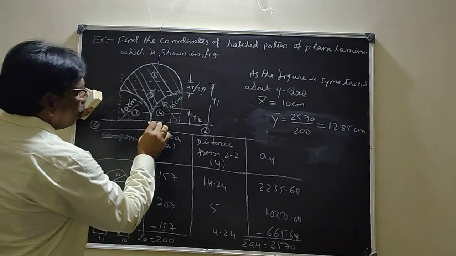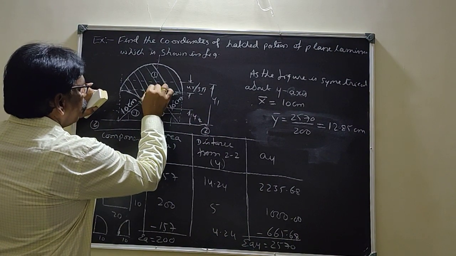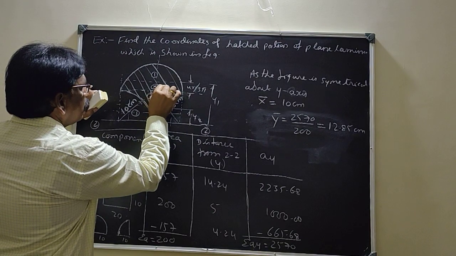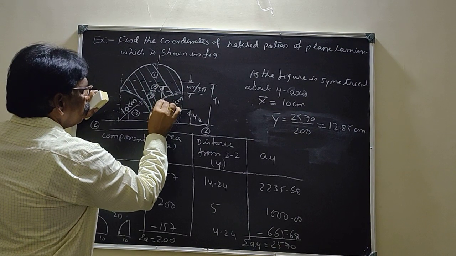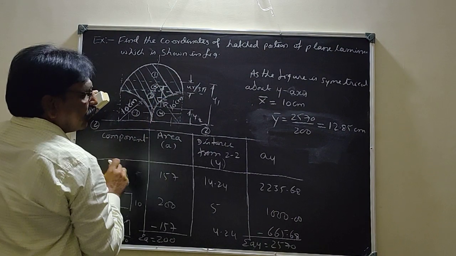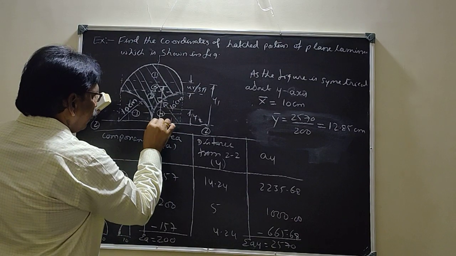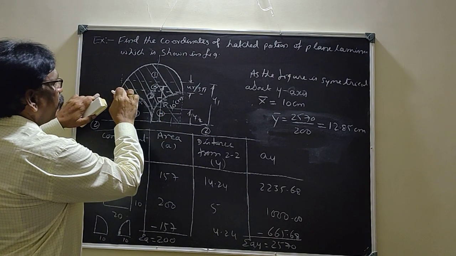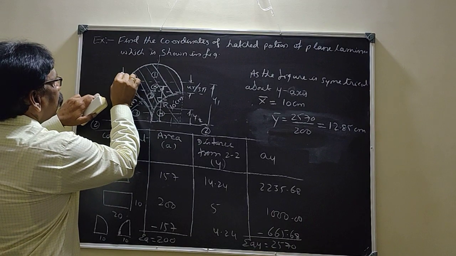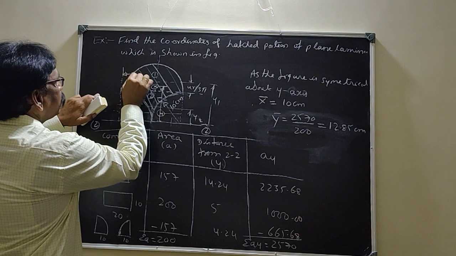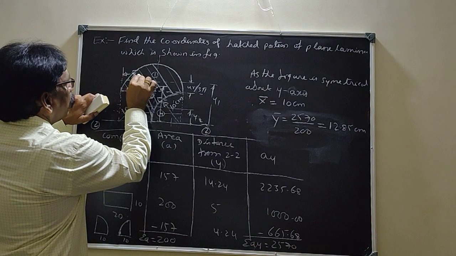That means the center of gravity will be somewhere here. Your y bar is equal to 12.85 from this reference line, whereas in this direction x bar is at the same point, equal to 10 centimeter.